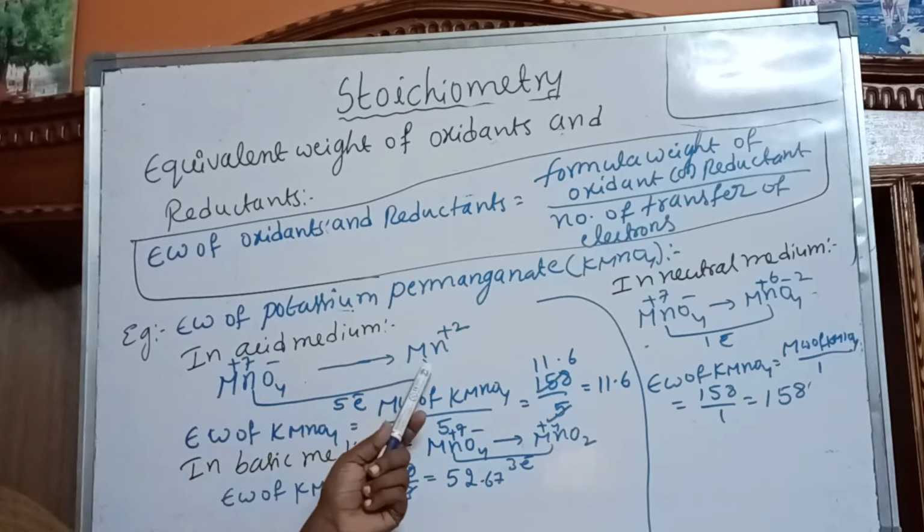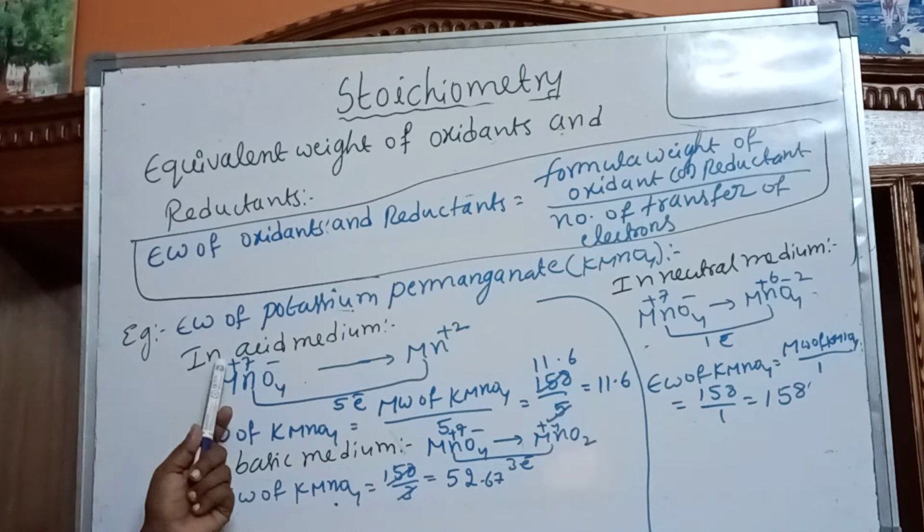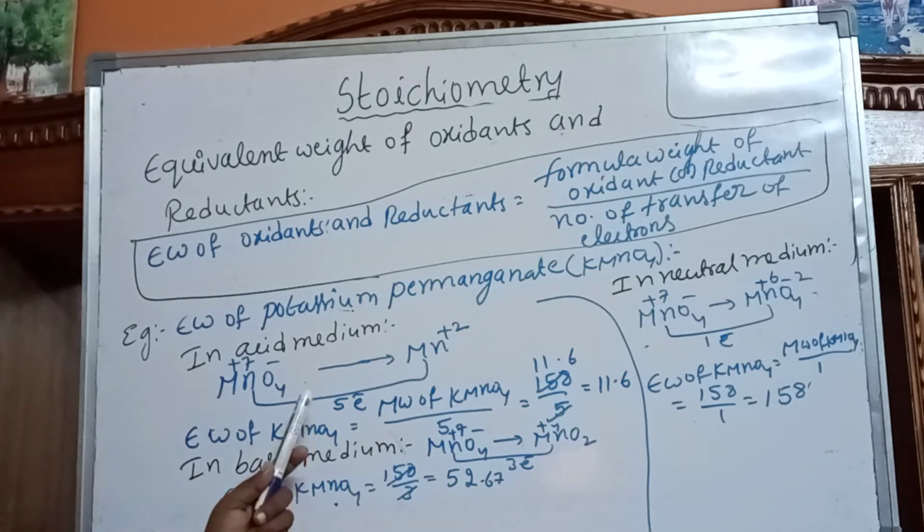It converts into Mn plus 2. So the difference between plus 7 and plus 2 is 5, isn't it? So 5 electrons are transferred in the reaction. The difference between the oxidation states gives the number of electrons transferred in a reaction.